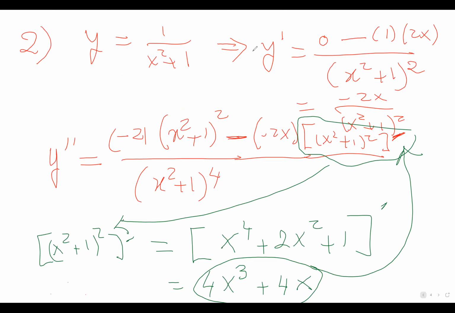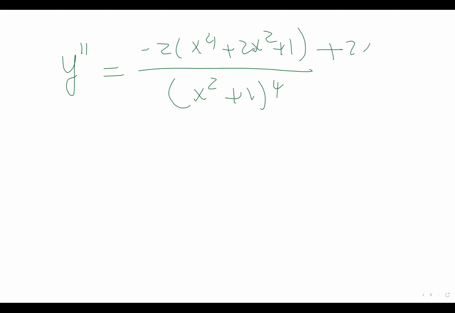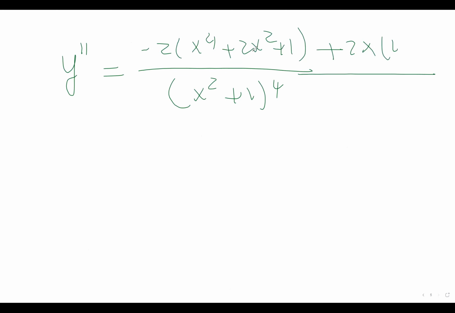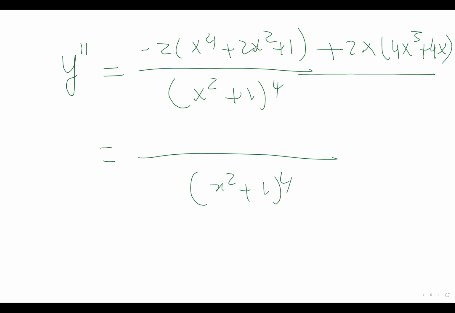Then there is minus minus, so it will be plus 2x times the quantity that we computed here, 4x cubed plus 4x. Okay, so in final, I will get the denominator again, and minus 2x^4, minus 4x squared, minus 2, plus 8x^4, plus 8x squared.